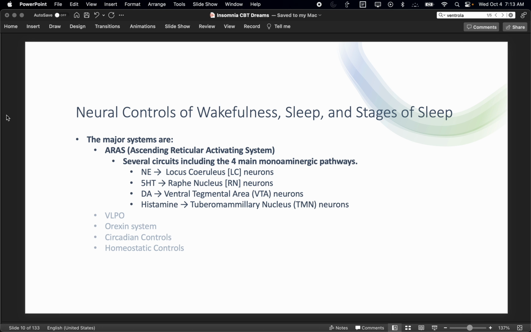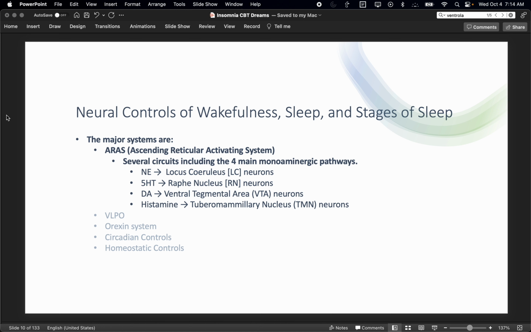ARAS used to just be called the reticular activating system, and is now referred to as the ascending reticular activating system. It is a set of neurons that affects the four main monoaminergic pathways. Norepinephrine is affected through the locus coeruleus neurons. Serotonin is affected through the raphe nucleus neurons. Dopamine is affected through the ventral tegmental area neurons.